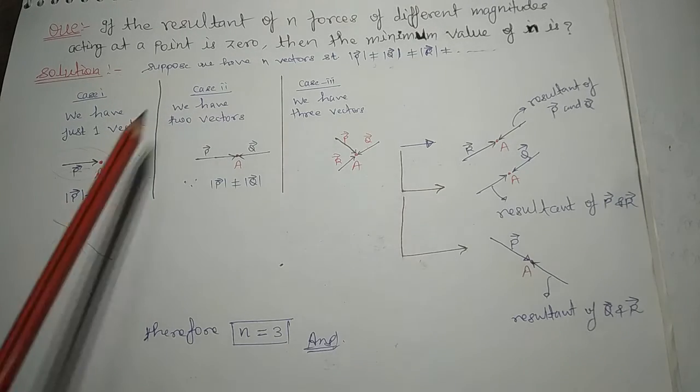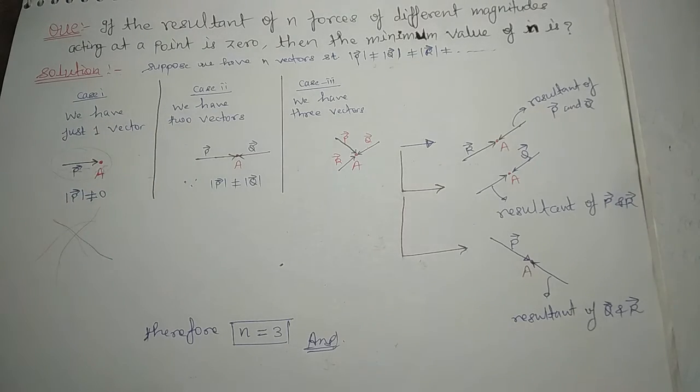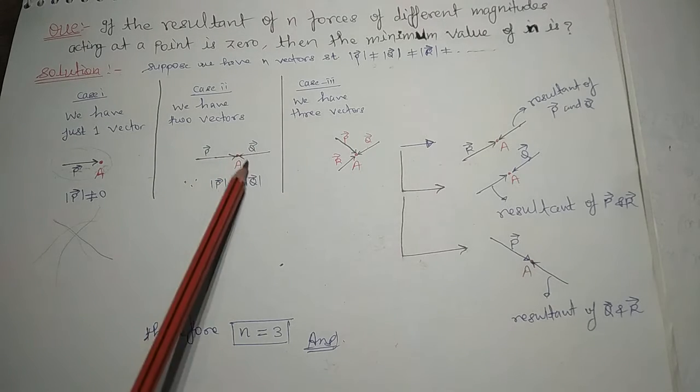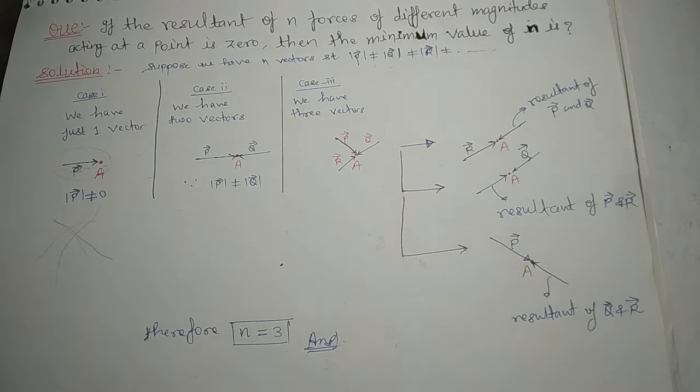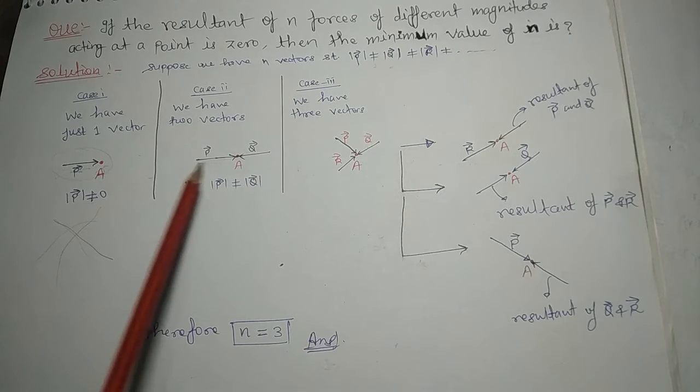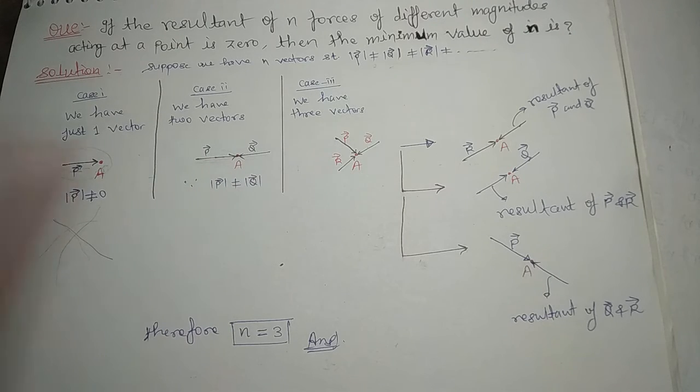Consider case 2. We have two vectors. If I have two vectors, what should be the orientation of the vectors so that the resultant of these vectors is 0? It is obvious that the directions of these two vectors, vector p and vector q, actually force p and force q, should be opposite, so that they nullify each other and the resultant is 0.